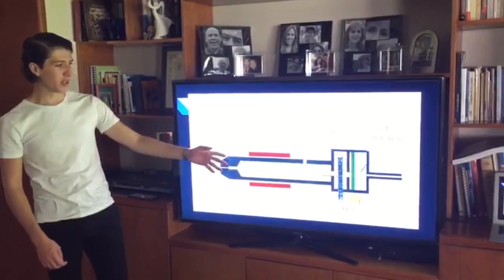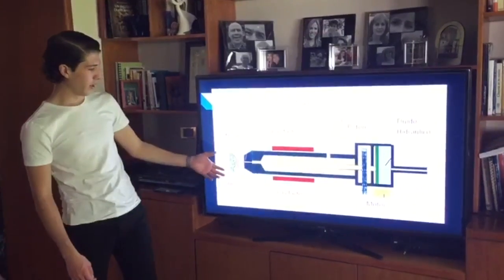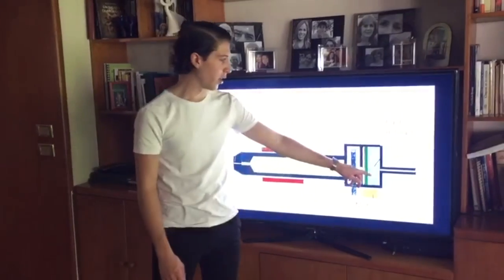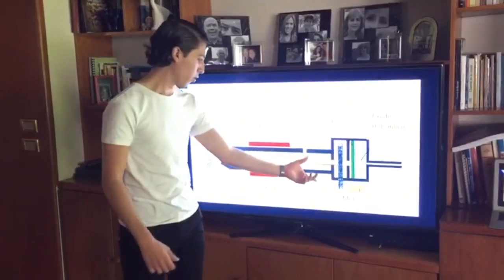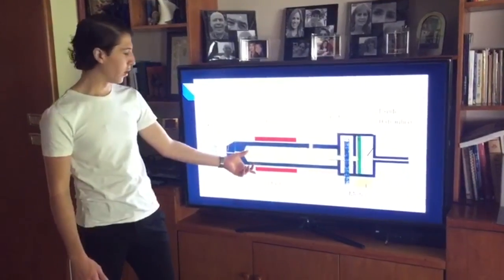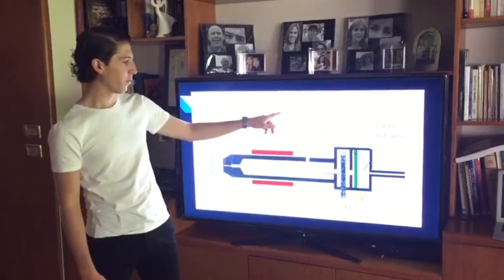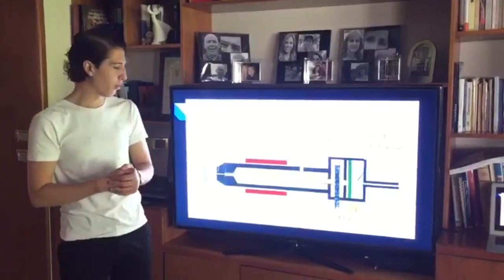This is an image that we retrieved from the internet. This is the scheme of the machine. We can find the hydraulic fluid here, which is the one that pushes the center part of the machine. We have the motor here. We have the top, where you put all the polypropylene pellets.